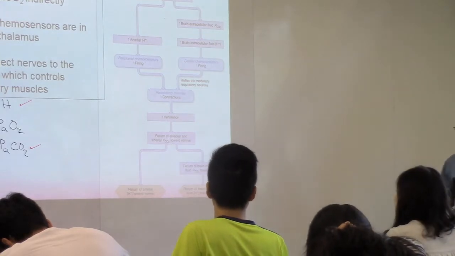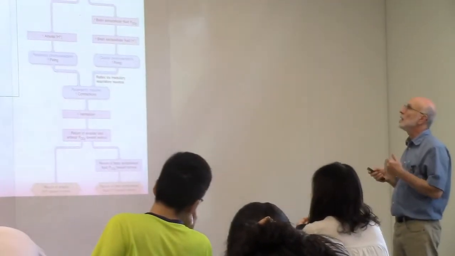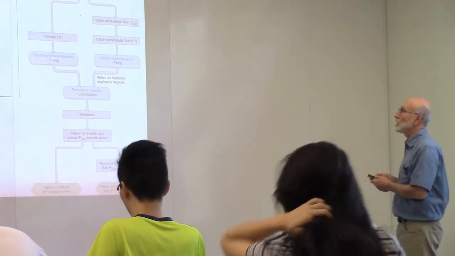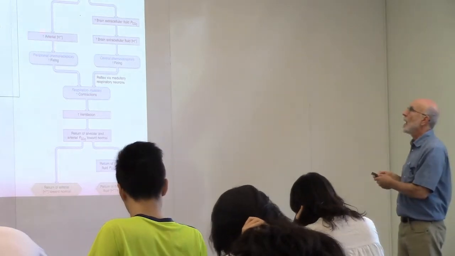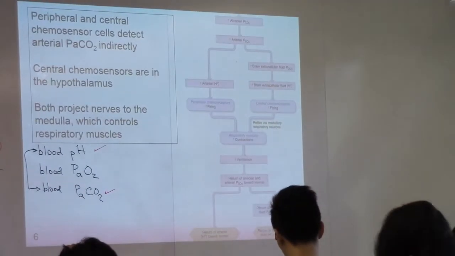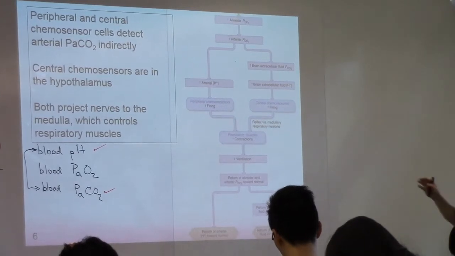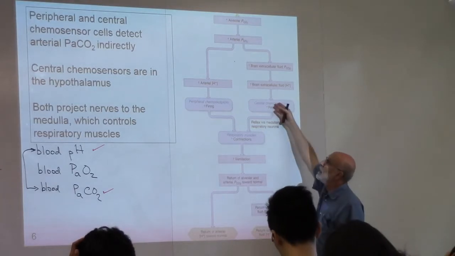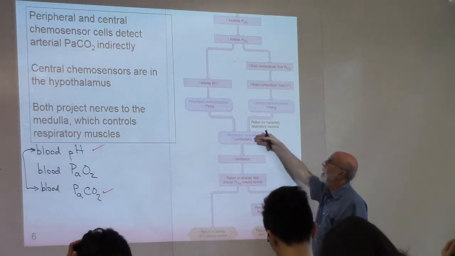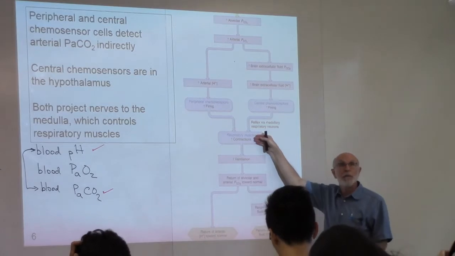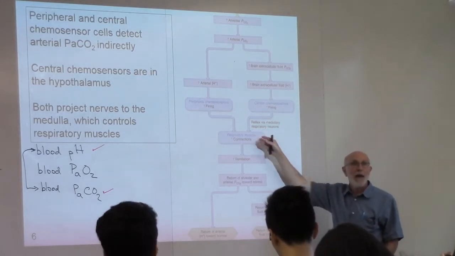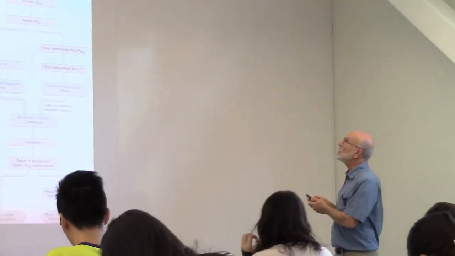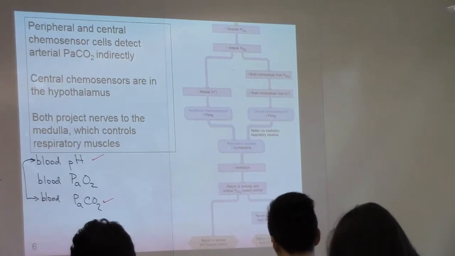So what are the key points here? The key points are that the central and the peripheral chemosensors detect acid, and that detection is then integrated in the hypothalamus and sends input to the medulla to control respiration. Let's just do the opposite. What if alveolar PCO2 goes down?